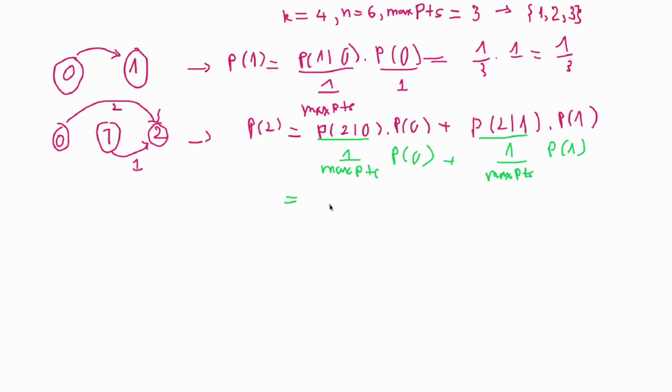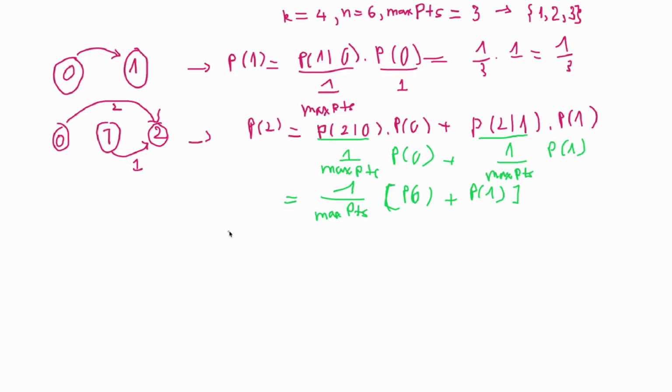What does this mean? It means that we can group it as 1 over the max point, and then we get p0 plus p1, right? So you can see that somehow we have some kind of relation between the states, right?